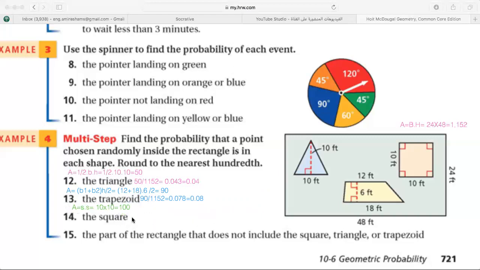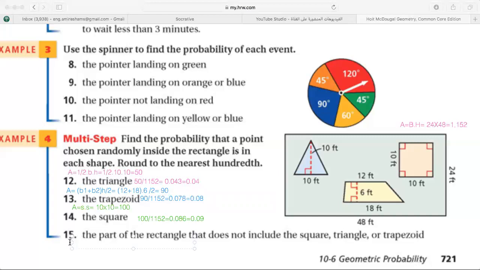So if I want to get the probability, I'm going to write 100 over the whole area. 100 divided by 1152 will be 0.086. If I want to round it, it will be 0.09.